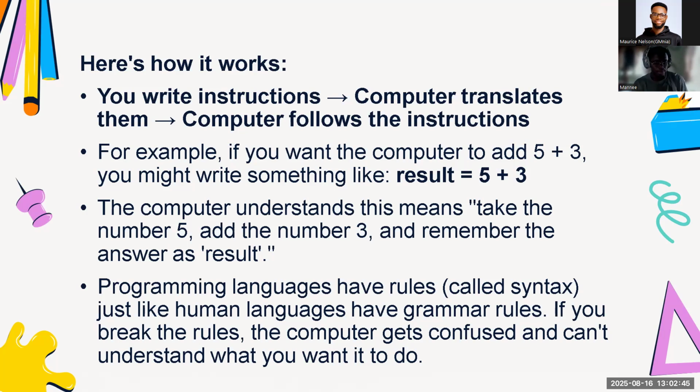If you stray, if you make use of the wrong language or the wrong structure, the computer doesn't understand what you want and it will throw errors to you. And by throwing errors, it won't do what you are asking it to do.